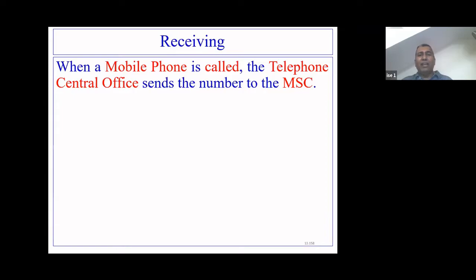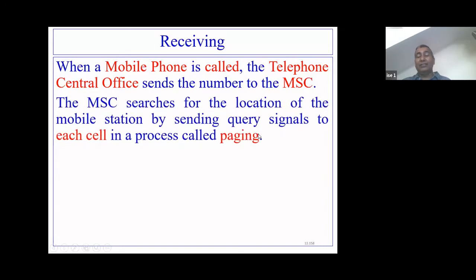Now, this was the landline arrangement that we have seen so far. Now here, when a mobile phone is called, the telephone central office sends that number to the MSC, the mobile switching center. In the first case, you have done communication between a mobile phone and a landline.